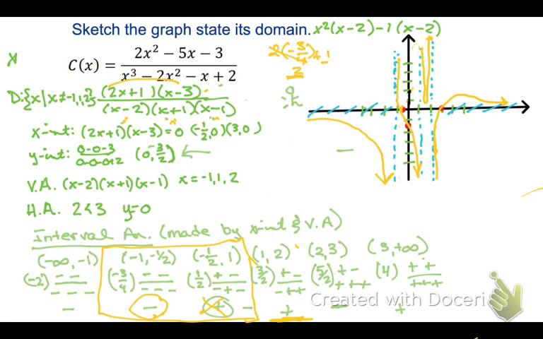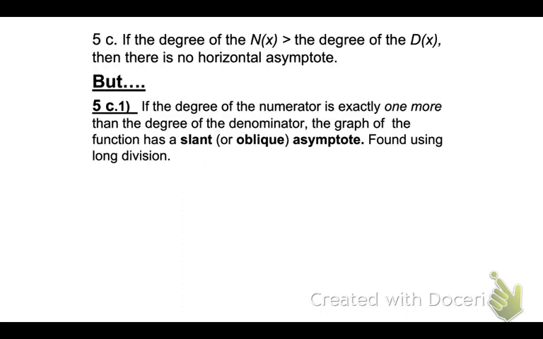Okay. Next, slant. Do you guys remember when it was a slant? It was rule 3 on the horizontal asymptote, when the degree of the numerator is 1 higher than the degree of the denominator. Yes. Okay, this is the but that we wrote off to the side when I gave you those already.